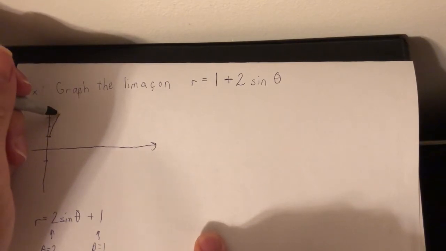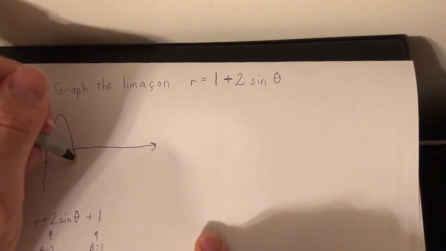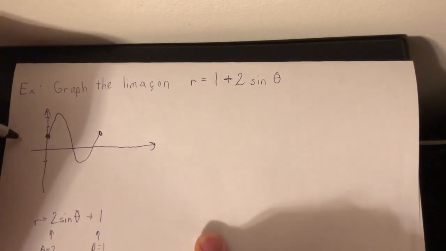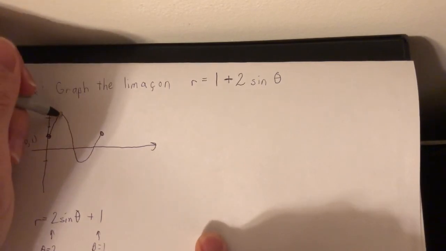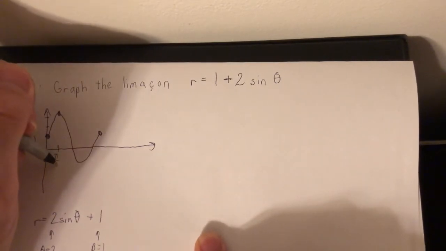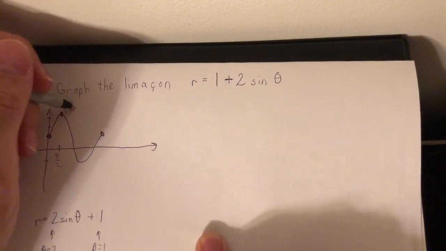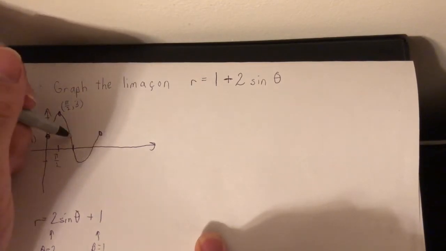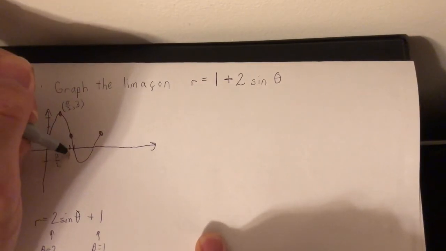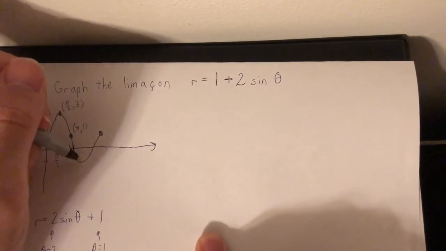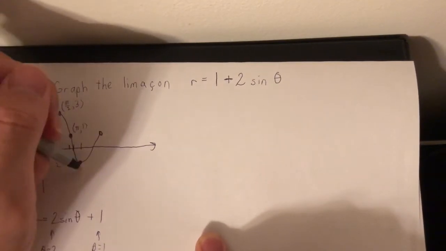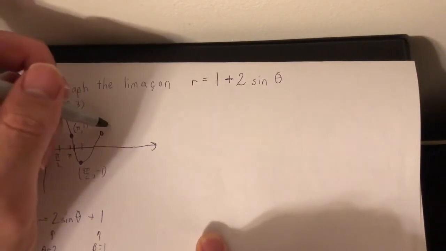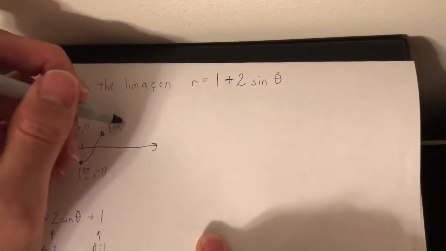I'm not going to go into a whole lot of detail here, but you should be able to identify that you've got the point 0, 1, you've got the point pi over 2 comma 3, you've got the point pi comma 1, sorry. You're going to have the point 3 pi over 2 comma negative 1, and you're going to have the point 2 pi comma 1.